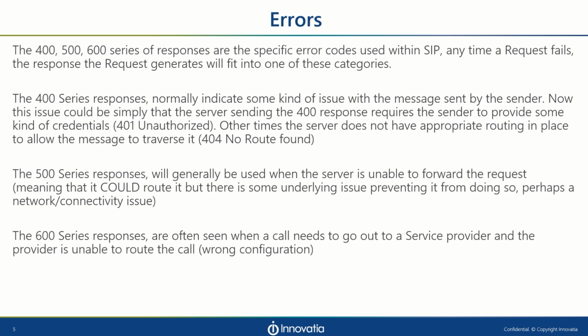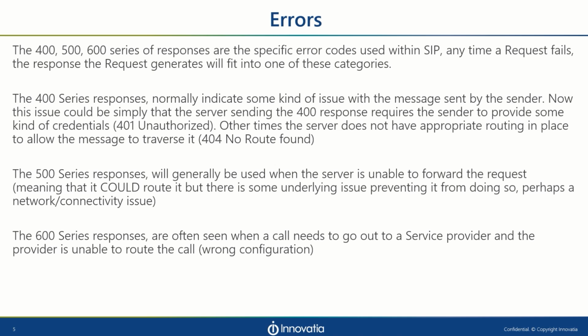Both the 500 and 600 series responses are used in cases where there is actually some kind of problem that needs to be addressed. The 500 series response, as a server failure response, is specifically used whenever the server has understood what it is supposed to do, but there's some underlying reason why it can't complete or fulfill the request.